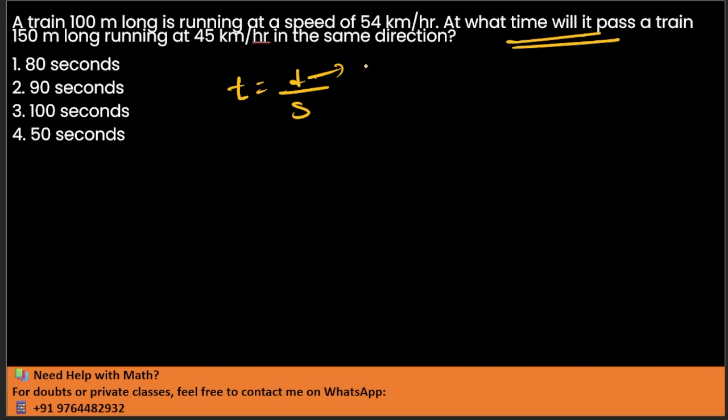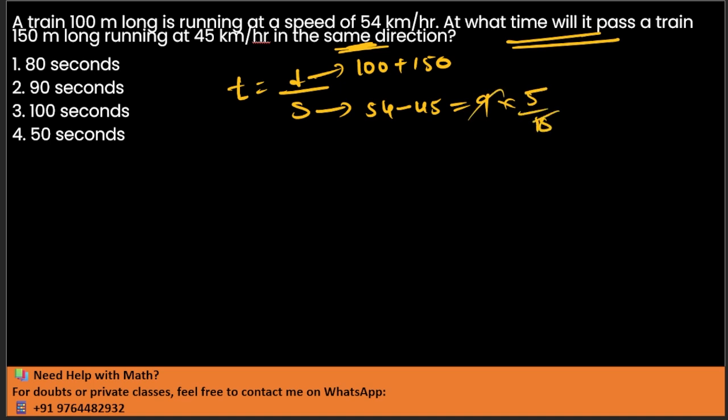So distance is equal to the length of these two trains, so 100 plus 150, and speed is equal to 54 minus 45, because they are moving in the same direction. It is 9 kilometer per hour and 5 upon 18, so 5 upon 2, the effective speed.